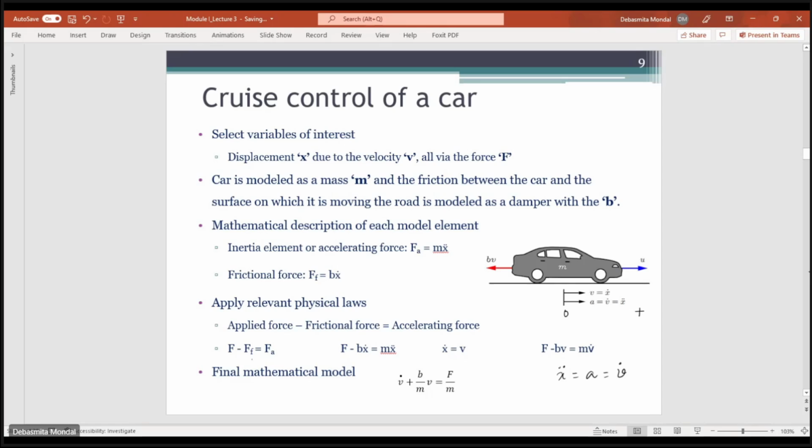And then from there, the final mathematical model is V dot plus B by M into V equals F by M. So this is the differential equation model of a car which is moving at a velocity of V because of the application of some external force F.